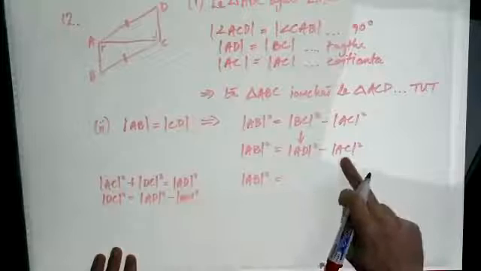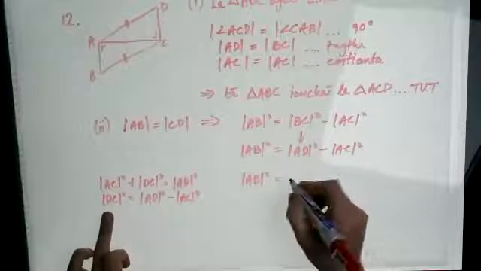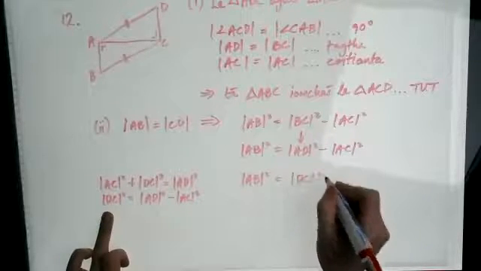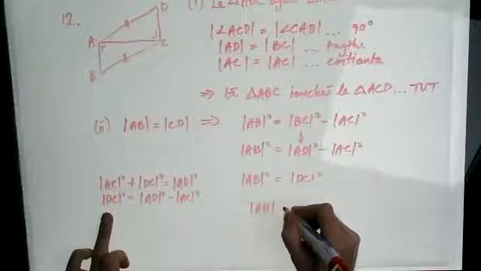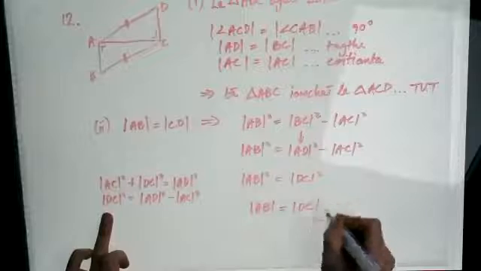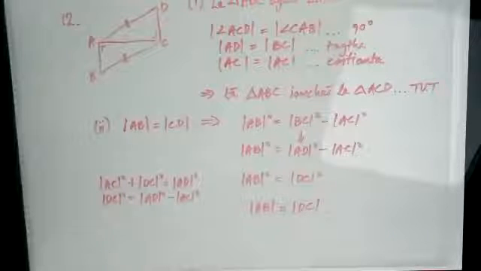So we can swap in DC squared, and then because the inverse squared, that's going to give AB equals DC in length. So that's the question done.